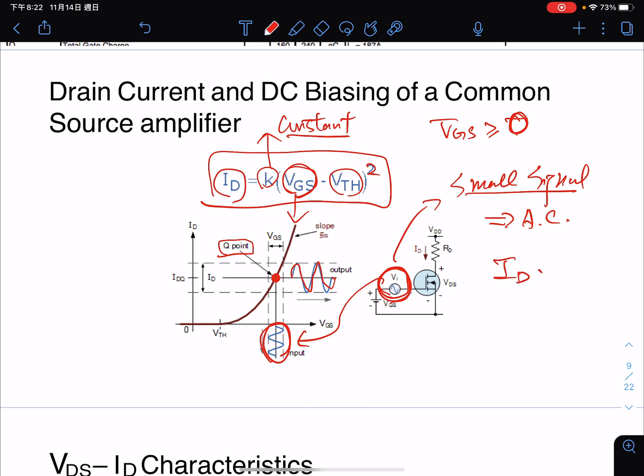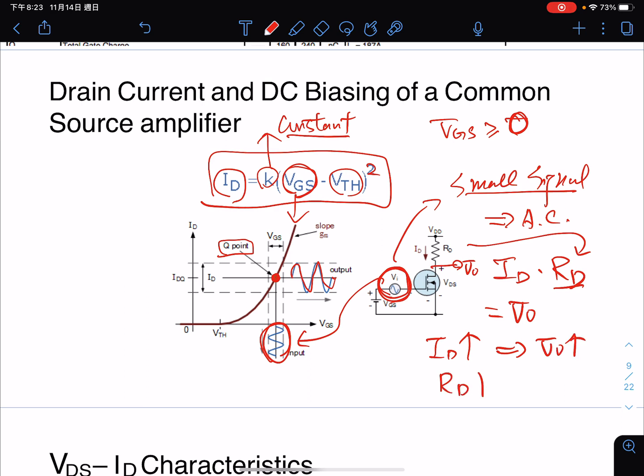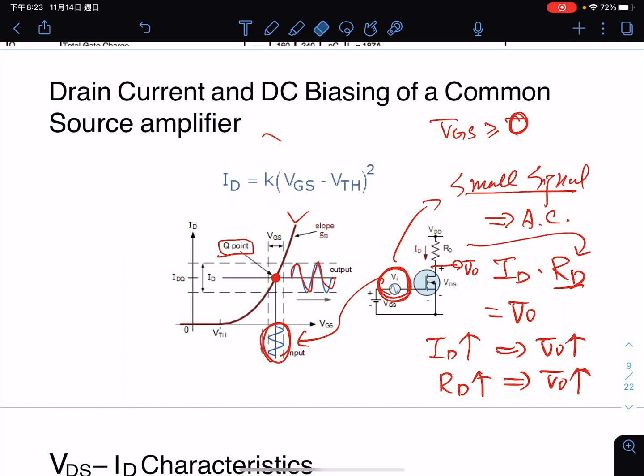The drain current multiplied by the RD, if we take the output from here, will be our output signal. So when ID goes bigger, then the output goes bigger. When RD goes bigger, the voltage is also bigger. And this is called the characteristic equation of the MOSFET.